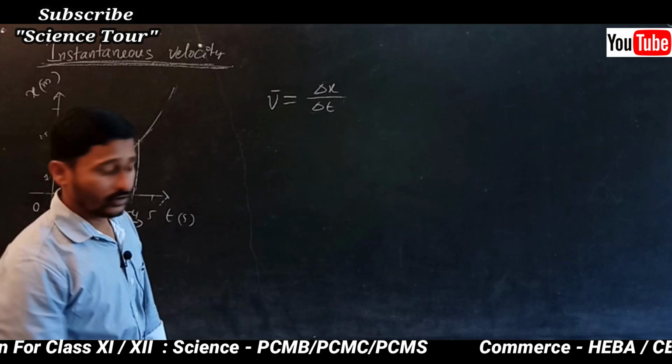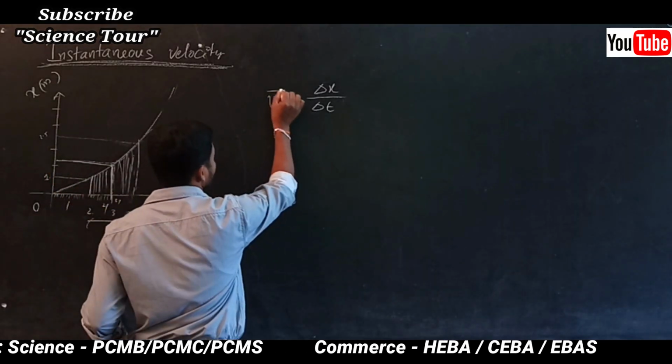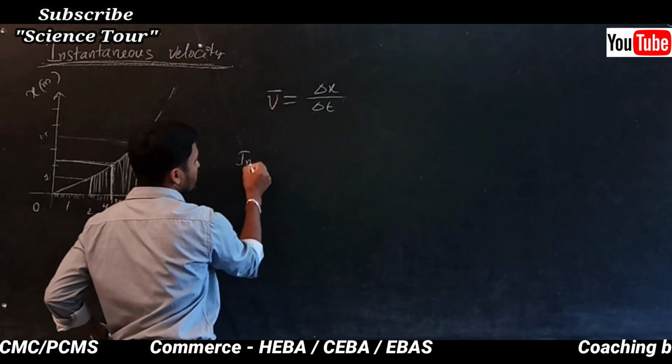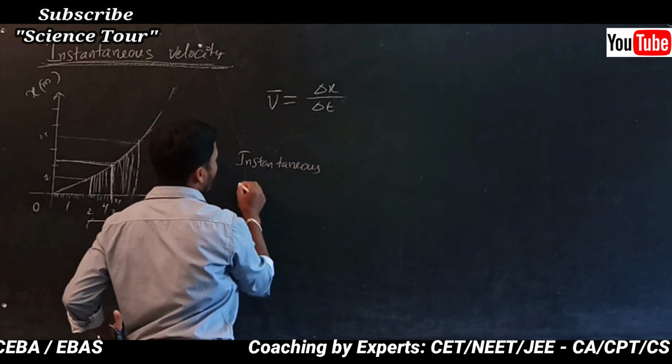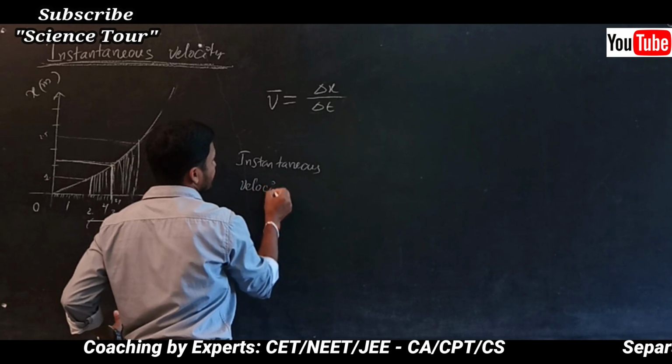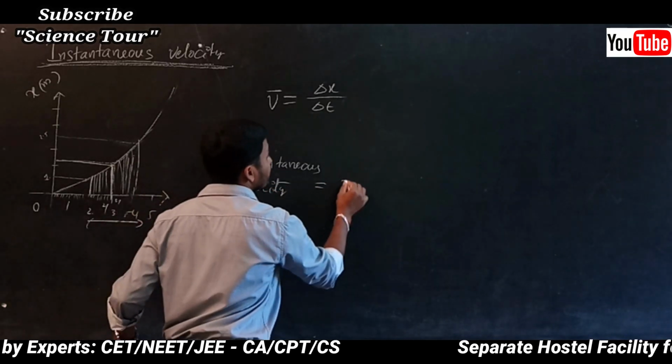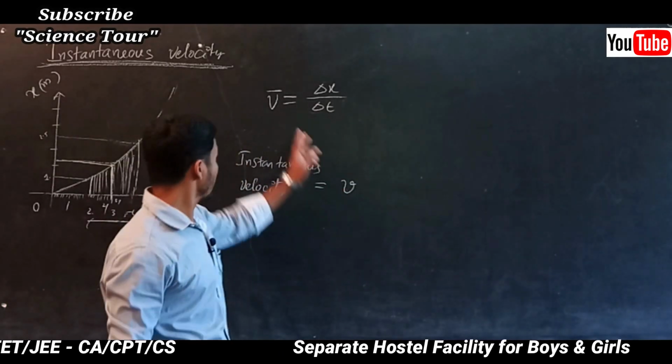Okay, so now we are going to write down instantaneous velocity. This was average velocity. Instantaneous velocity is nothing but V. Average velocity is this.